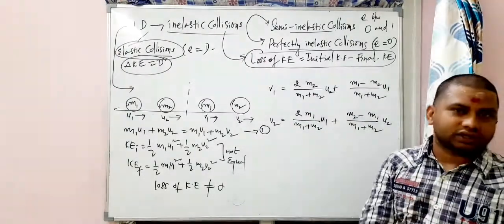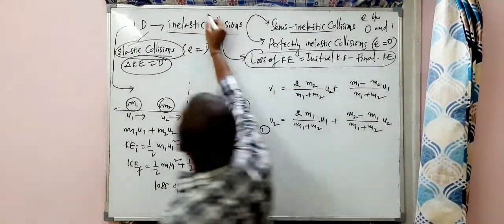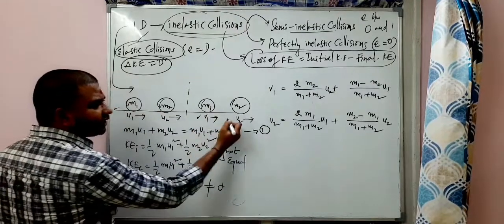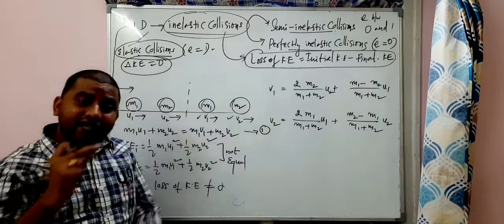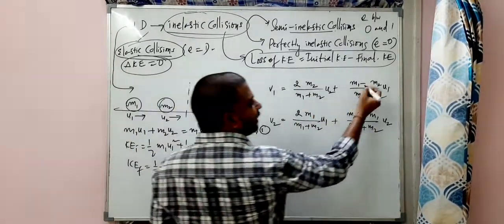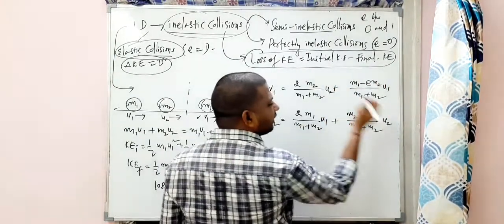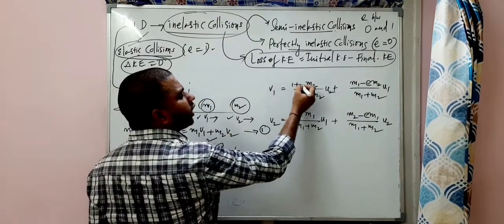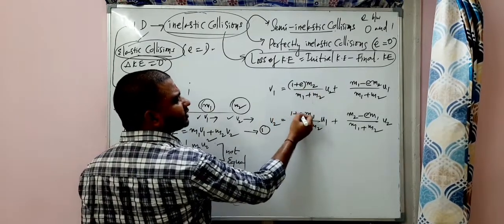This is your question. I will change this equation into inelastic collisions. If you want the final velocity expression, see how this equation changes now. Listen everyone. The e will come and be added here. Simple. And here instead of 2, it will be 1 plus e. Here also, instead of 2, it will be 1 plus e.